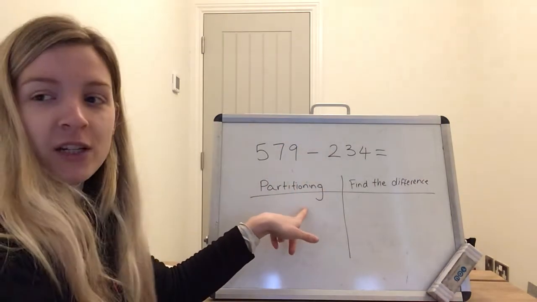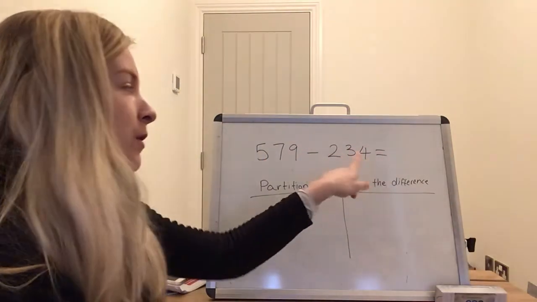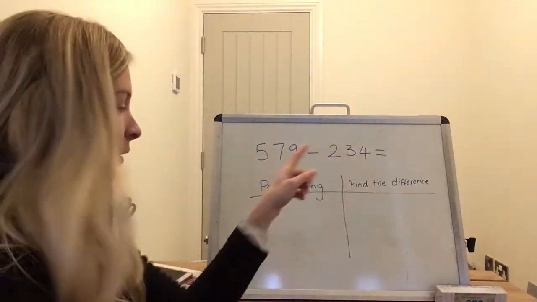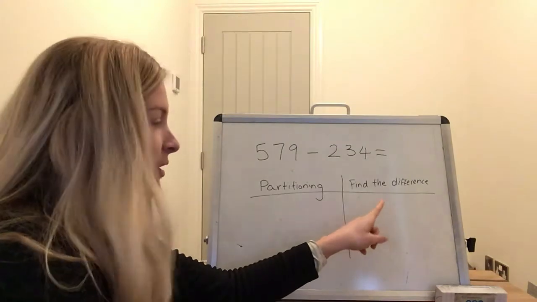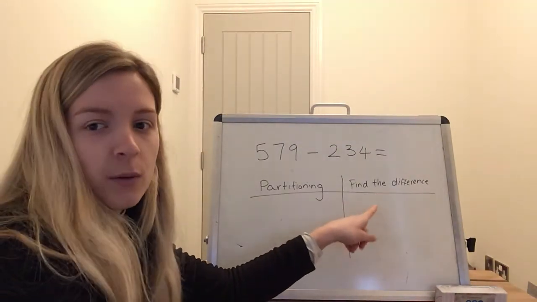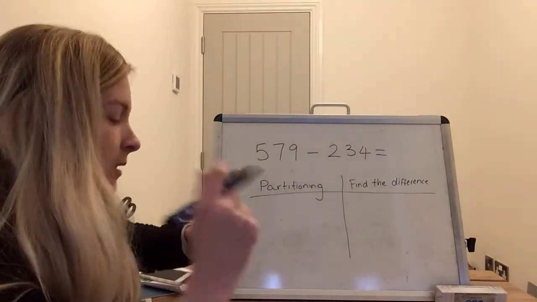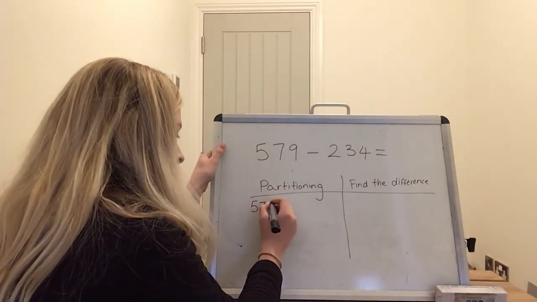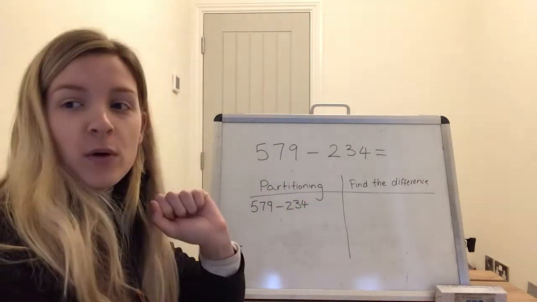Are you going to partition it? Are you going to take the hundreds and work those out? Are you going to take the tens and work those out, and so forth? Or is the best way for this sum, the most efficient strategy, is it to find the difference like we've been doing yesterday? Okay, and you need to write the sum in that box.